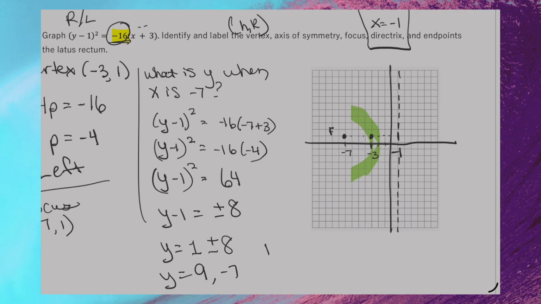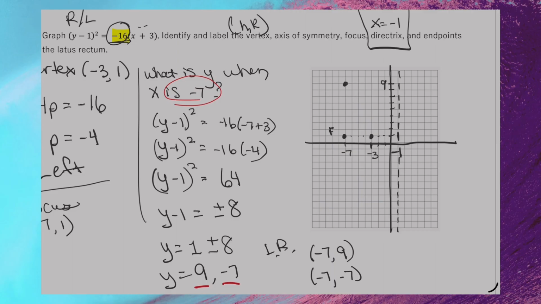So what does this mean? Endpoints for the latus rectum are x is negative 7, y is 9; x is negative 7, y is negative 7. Because we knew x and we wanted to find their corresponding y values. So where is that on my grid? 1, 2, 3, 4, 5, 6, 7, 8, 9. There's where 9 is.